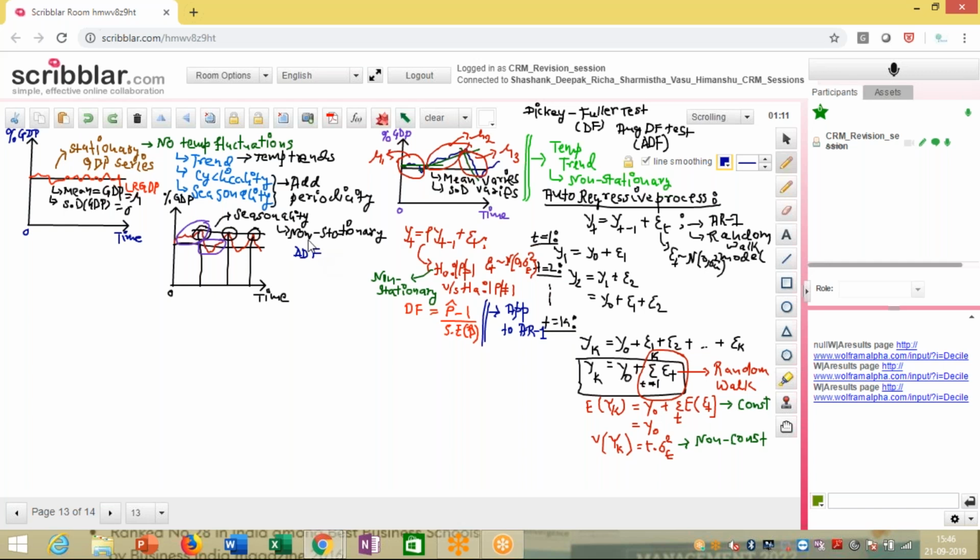Okay. So for inferring about the statistical significance of the stationarity, whether the series is stationary or non-stationary, using ADF, we use two plots. One is called the ACF plot, that is the autocorrelation function plot, and the second is the PACF plot, the partial autocorrelation function, right?